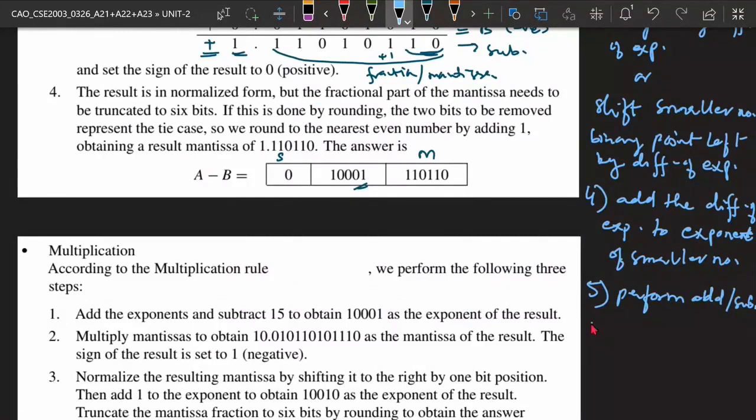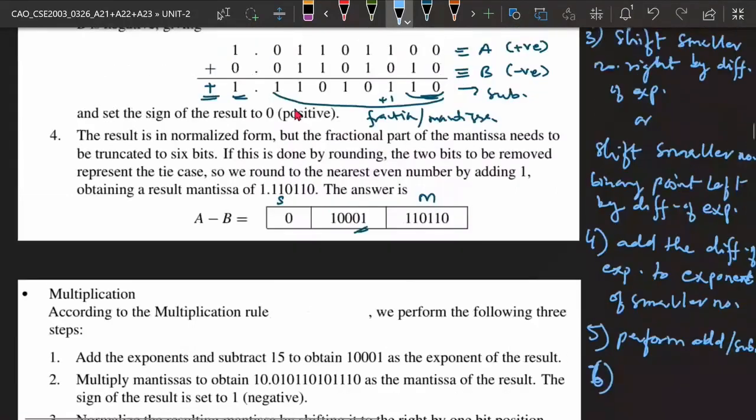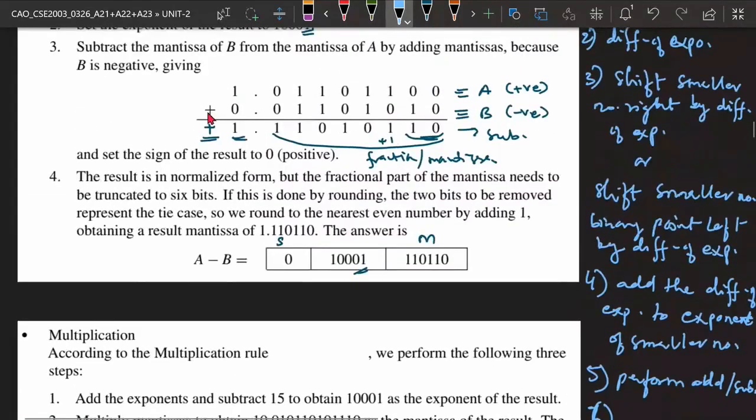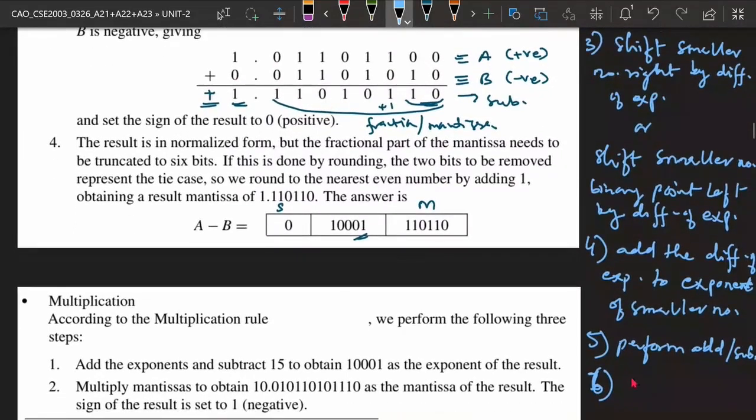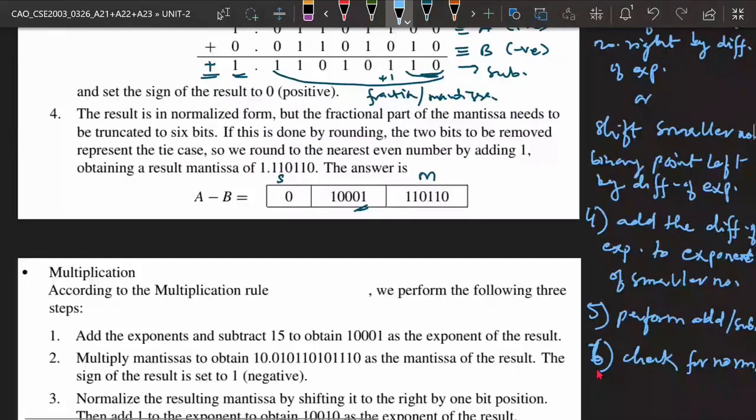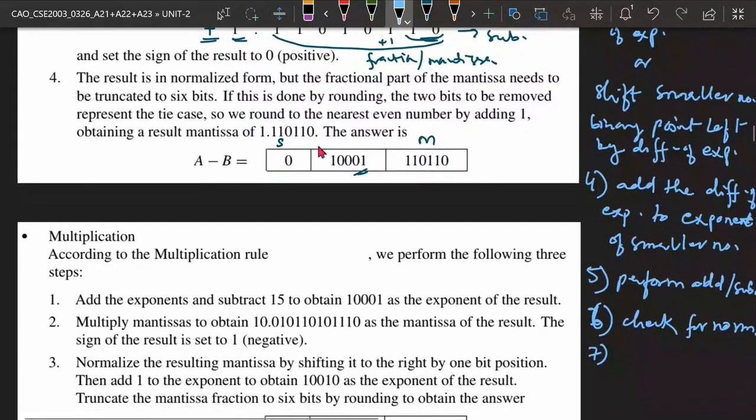The sixth step is, after doing the addition or subtraction, we need to check for normalization. Once it is normalized, now we need to do the rounding.